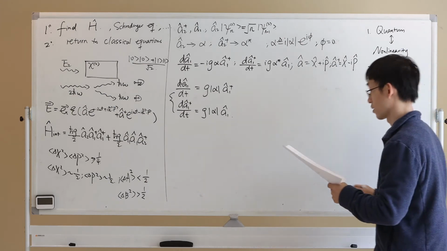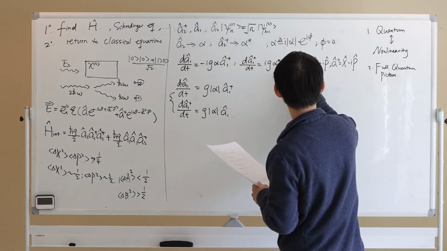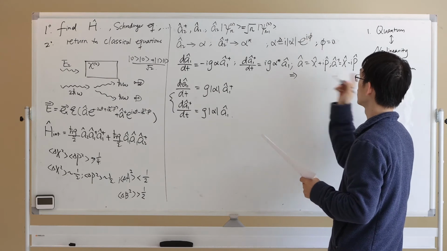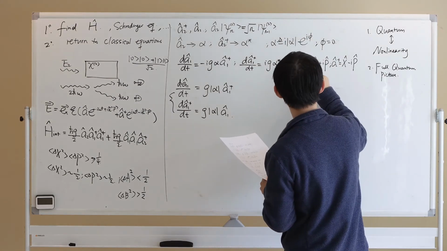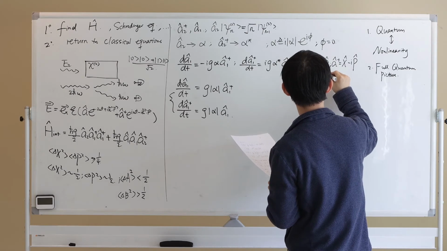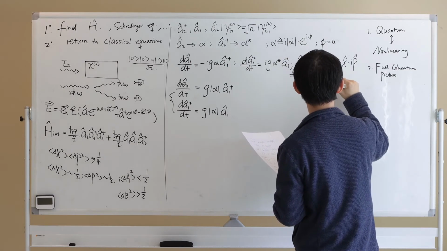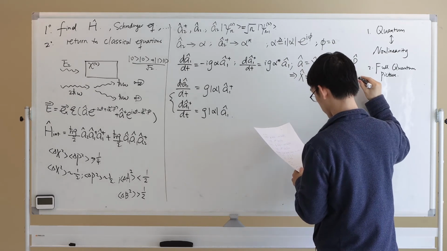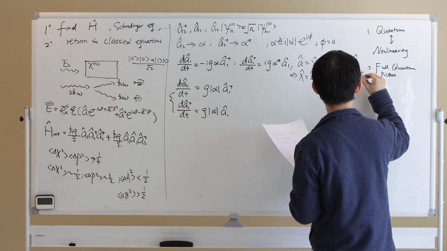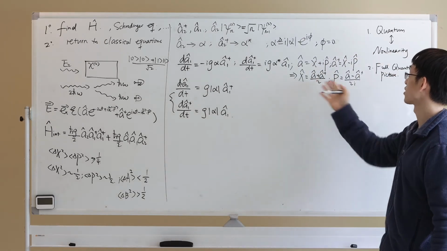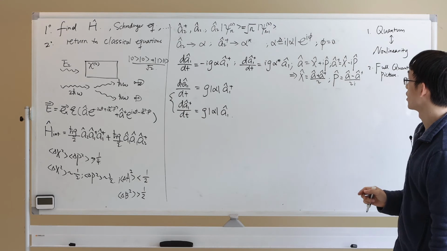It's the same thing. So if you have this, then you can add these two equations together, minus these two equations. And what you have is x equals A plus A dagger divided by 2, and P equals A minus A dagger divided by 2i. So x and p by A and A dagger.